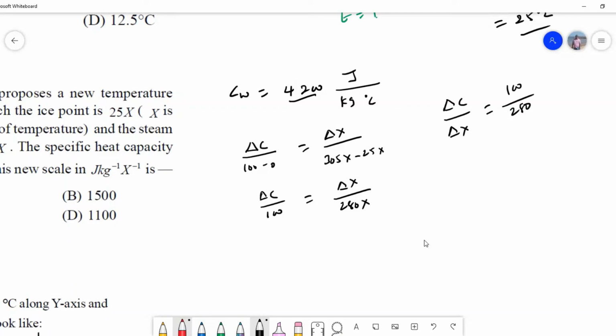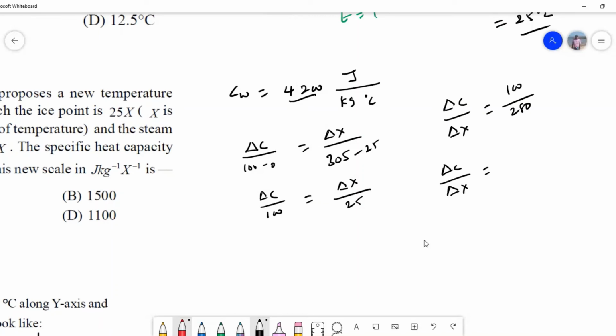Don't write the unit. So we can write 305 minus 25, which is 280 only. Now from this equation, in centigrade, delta C by delta X is inversely proportional to the change in temperature.